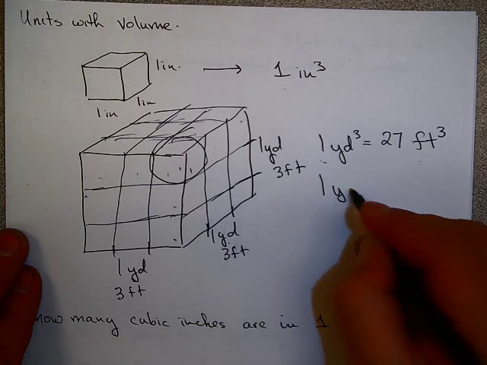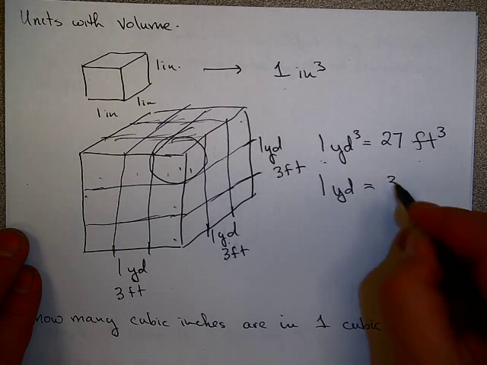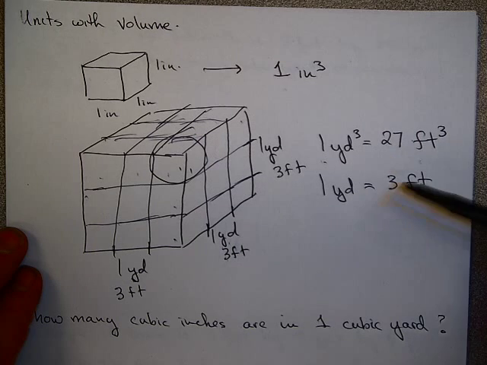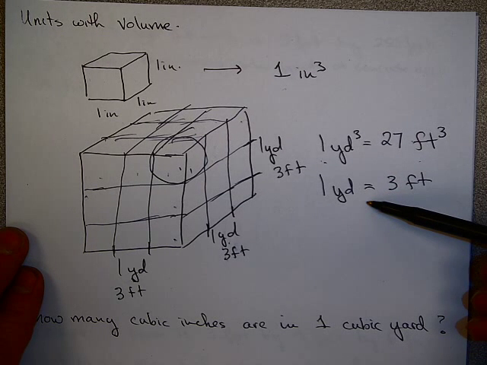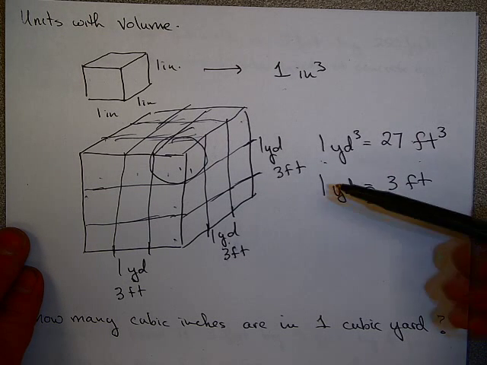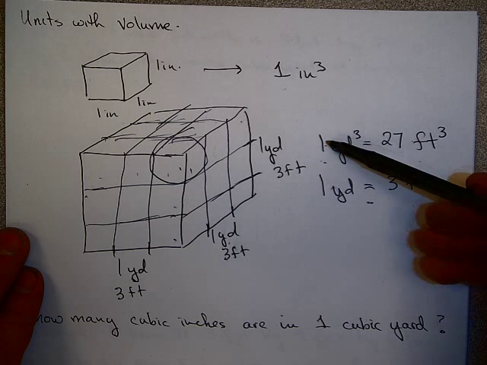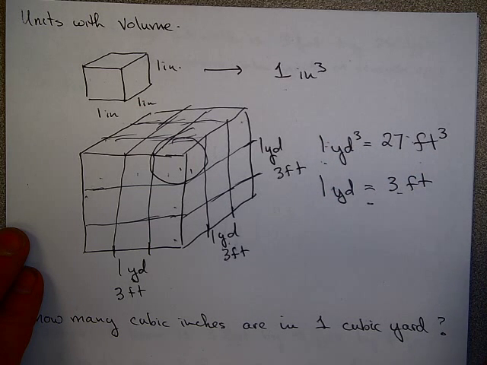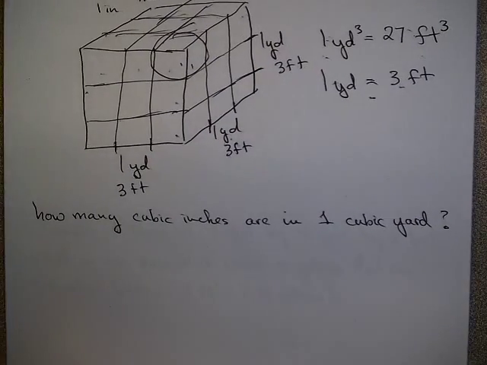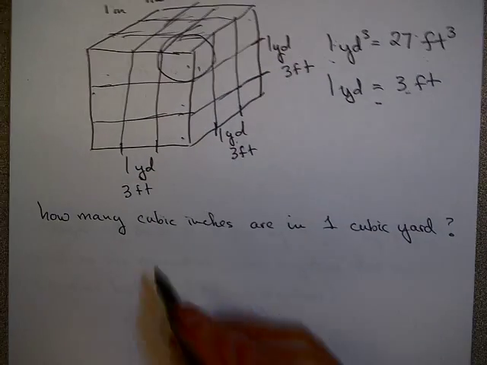Now again, remember, 1 yard is the same as 3 feet. That's the linear measure. To turn that into a measure of volume, we just cube everything, 1 cubed and 3 cubed, and I have the appropriate units for volume. So, for example, how many cubic inches are in a cubic yard?